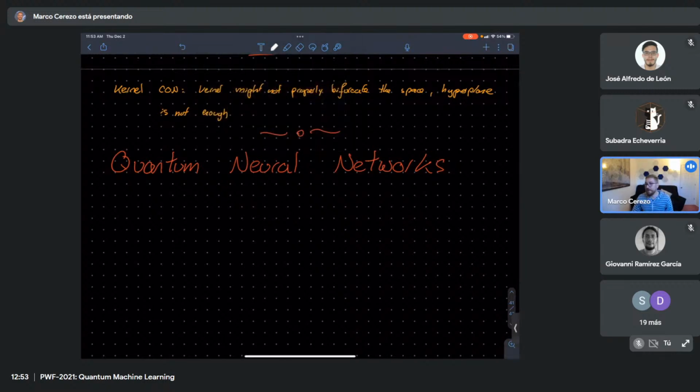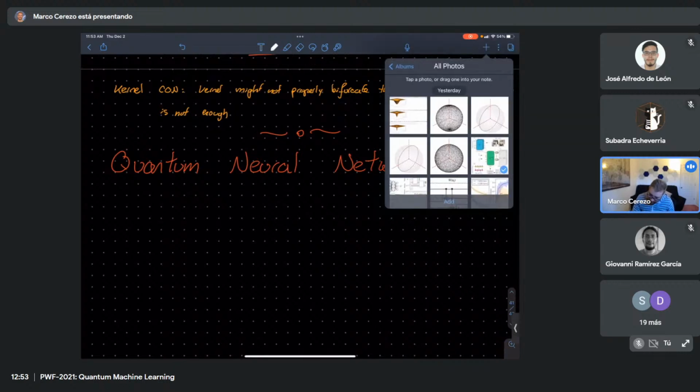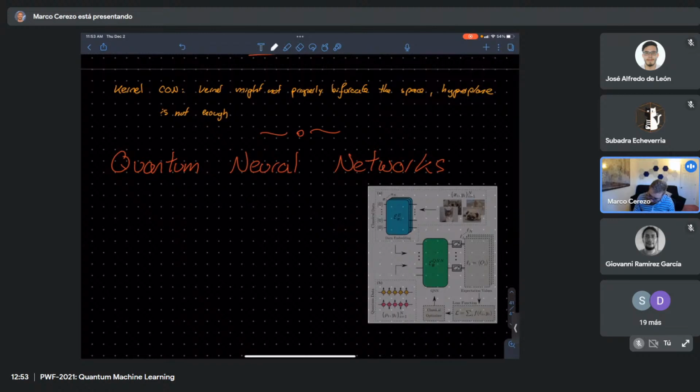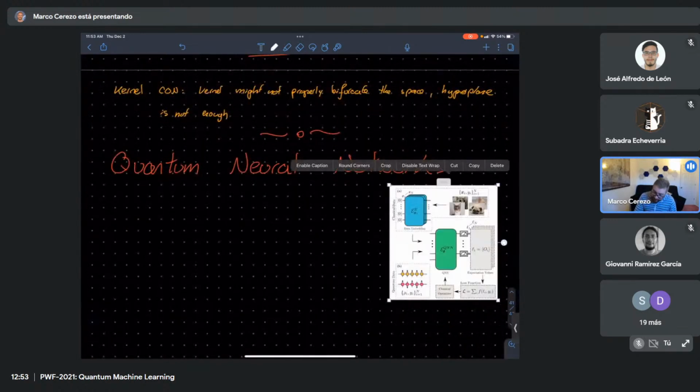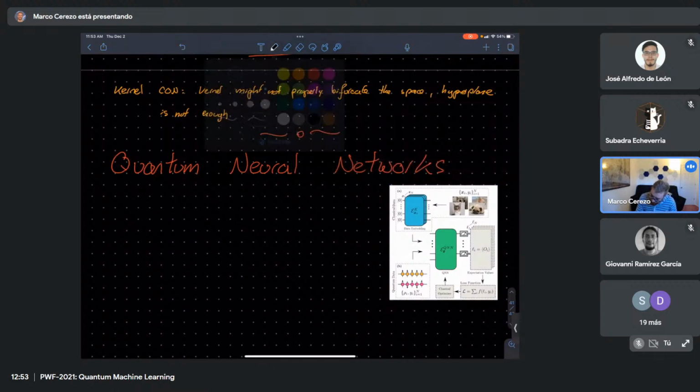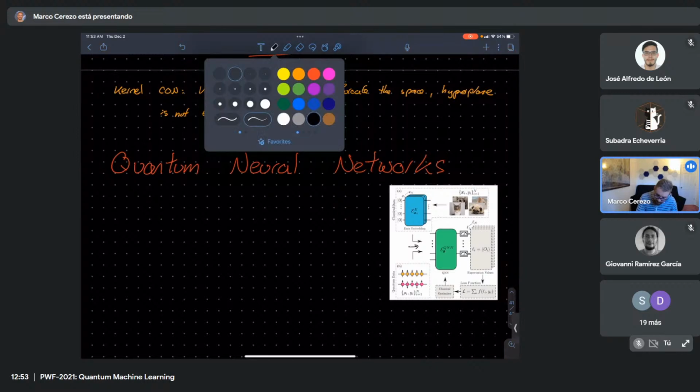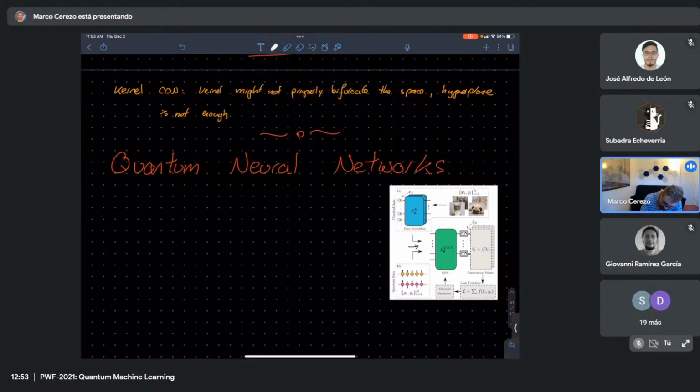So what's a quantum neural network? Let me paste this figure here again, because we're going to be using it. I'm just going to make it smaller. So we have data, and what this picture says is we send our data through a quantum neural network, which I'm going to denote as QNN.